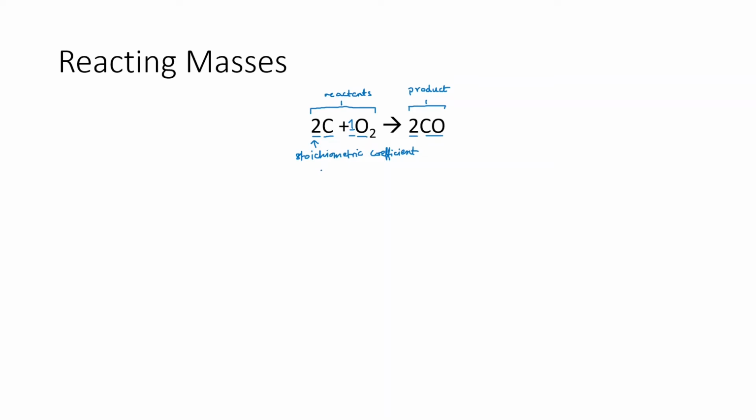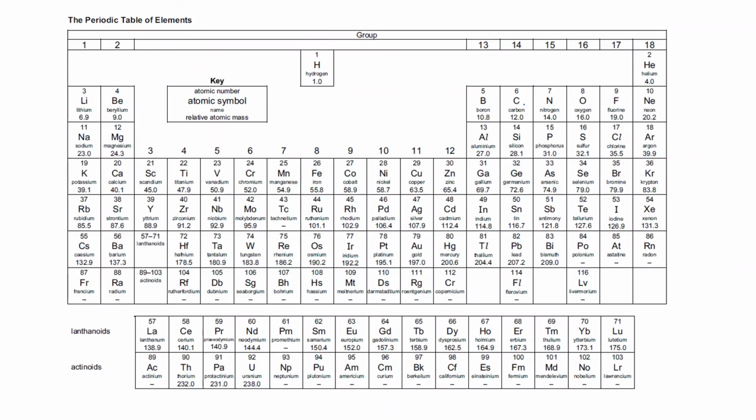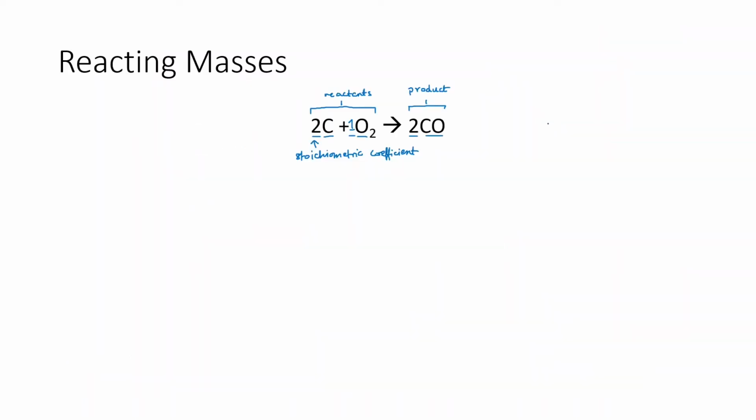So if you look at the periodic table, we have carbon over here with a mass number of 12. And oxygen has a mass number of 16, which we will also use. So 2 moles of carbon means that we have 2 times the molar mass, which is 12, the AR, in grams. This gives you 24 grams of carbon.